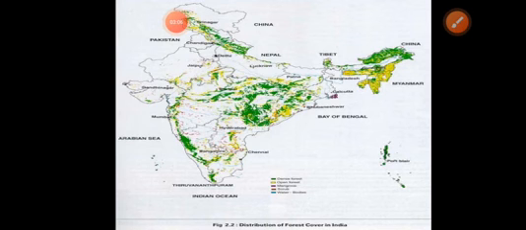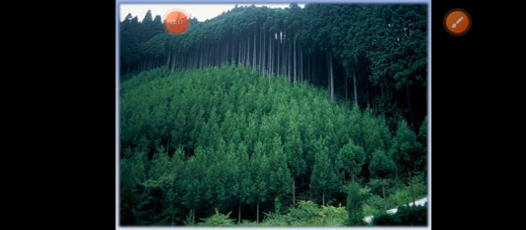Our forests meet 40% of the energy need of the people and 30% of the fodder need of the cattle population of our country. It is said that only those nations which have forest in one third of their geographical area are fertile and receive rainfall.